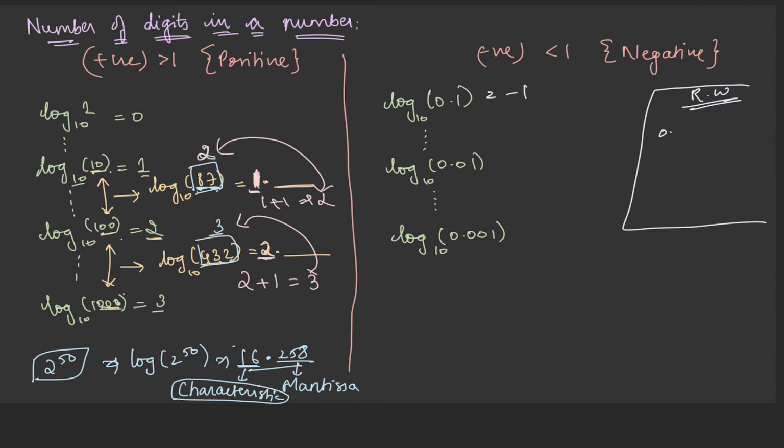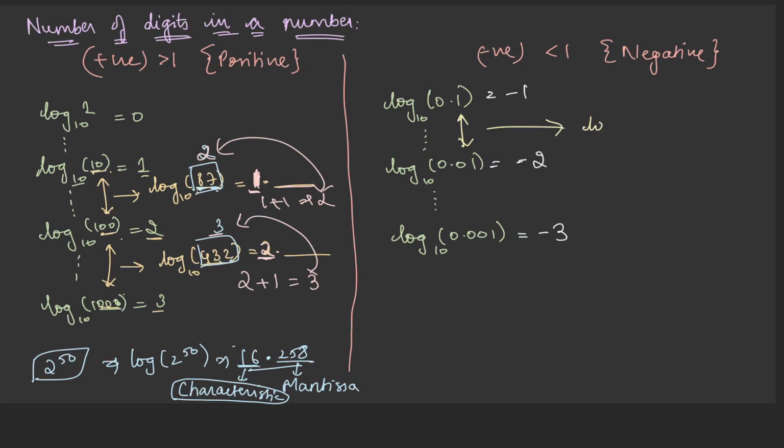Similarly, log of 0.01 is minus 2, and log of 0.001 is minus 3. So we got negative numbers as our answers. Then let me consider some value between 0.1 and 0.01, that is log of 0.5.